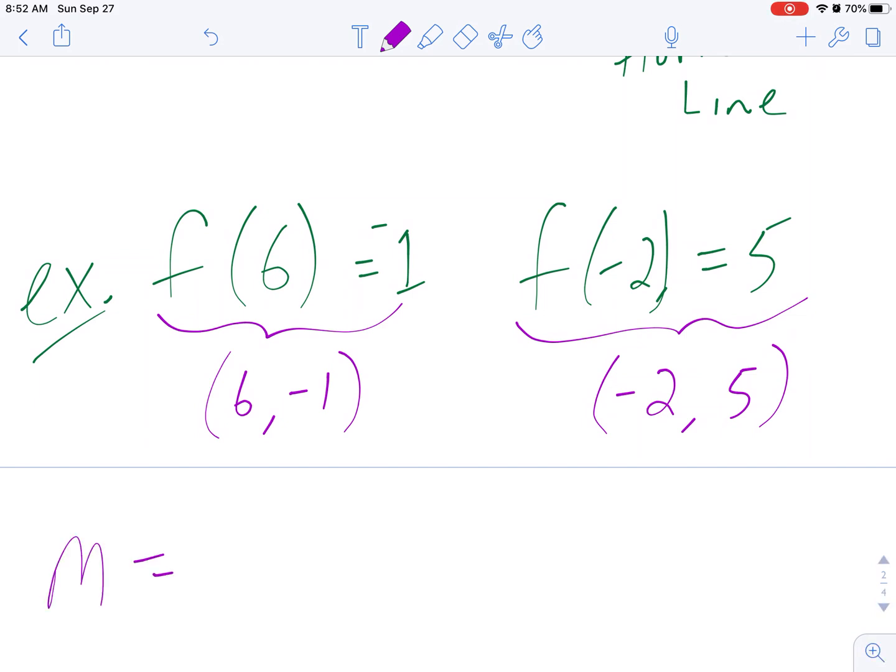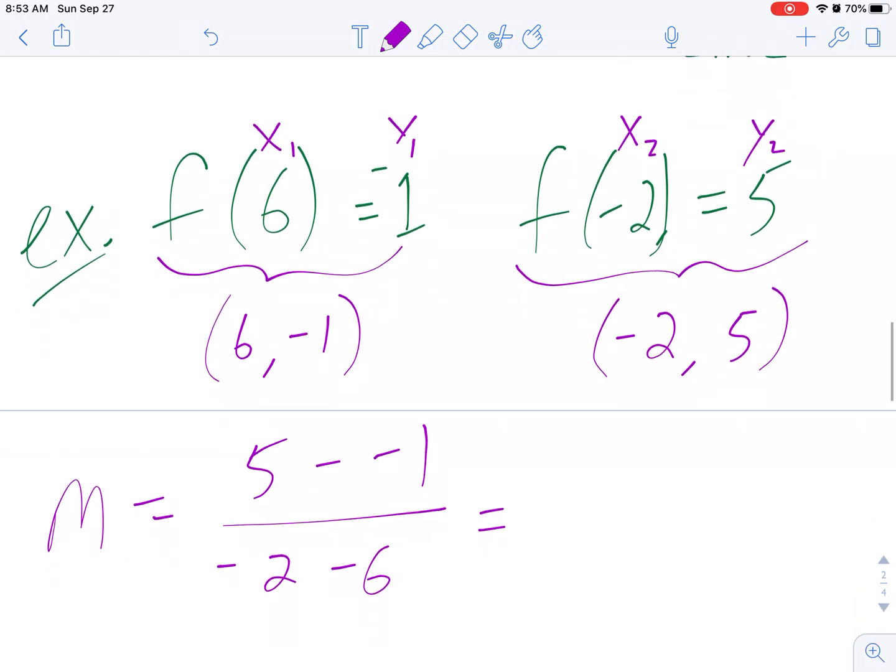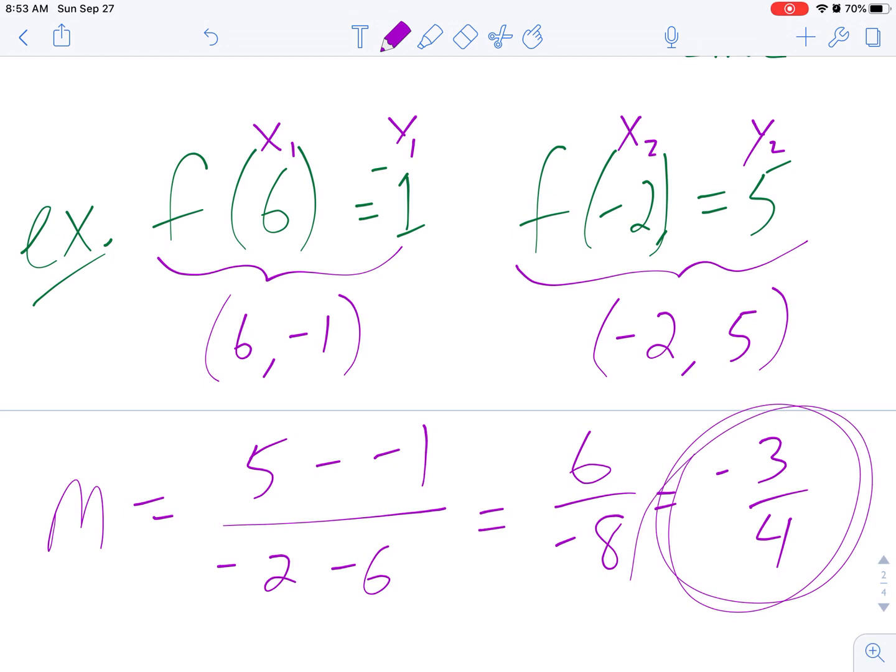So don't stress out too much if you see that. You just have to find the slope. You just have to remember this is an x value, that's a y value, input, output. This is an x value, that's a y value, input, output. So just be careful on that, and you should reduce your answers. And again, you'll see why later.